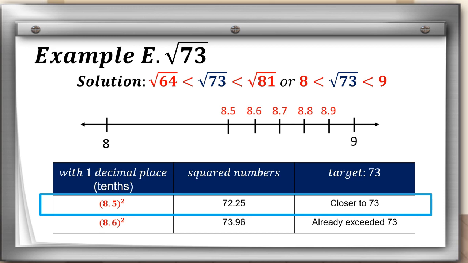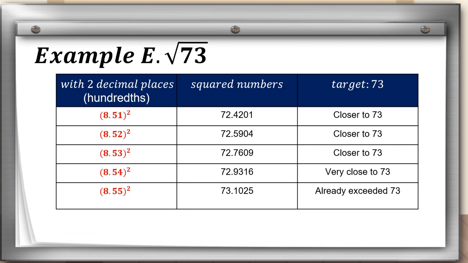Let's start with 8.51 squared, which is 72.4201, which is closer to 73. Next, 8.52 squared, which is 72.5904, which is closer to 73.